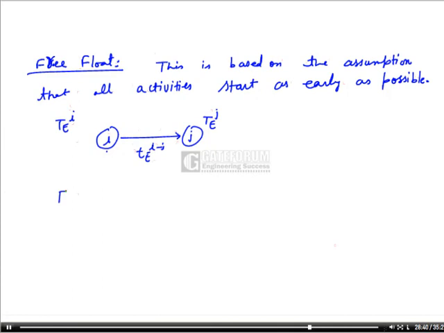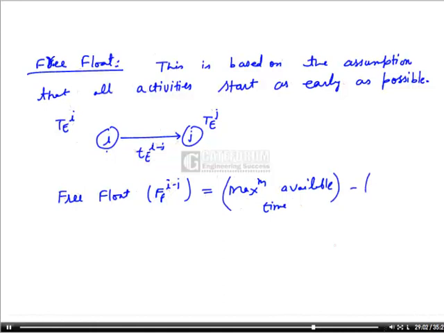So this free float, or F of I to J, will be the maximum available time minus average duration.